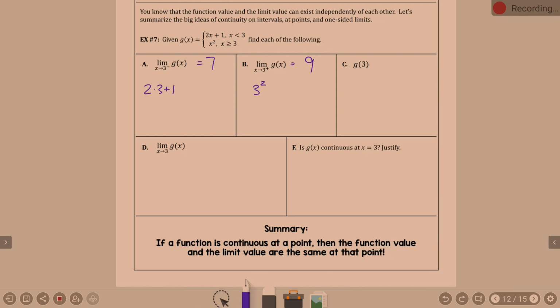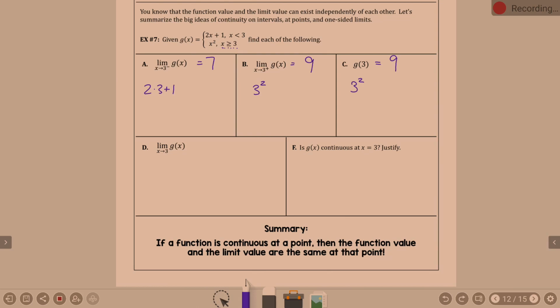So that means we have to use the right side definition because it says when x is greater than or equal to, and I don't think that's something that had really come up, so I'm glad that came up. We don't ever say just x equals 3. There's x less than, x greater than. The equal to falls in there somewhere. Use whichever piece it is. Fair enough? So that'd be the filled answer.